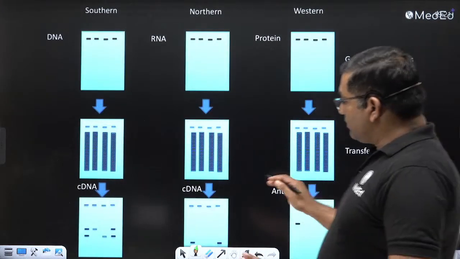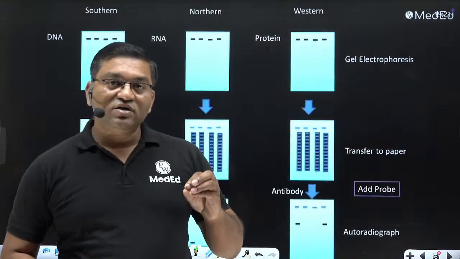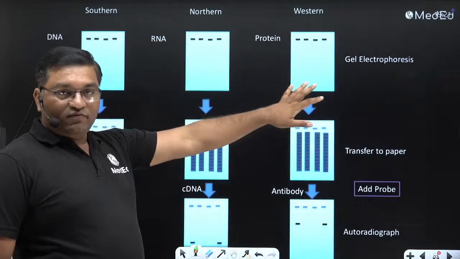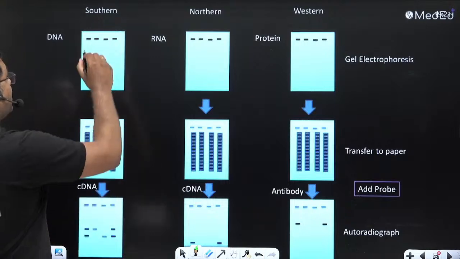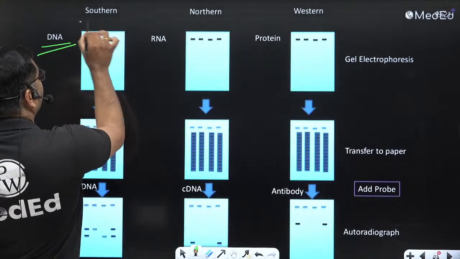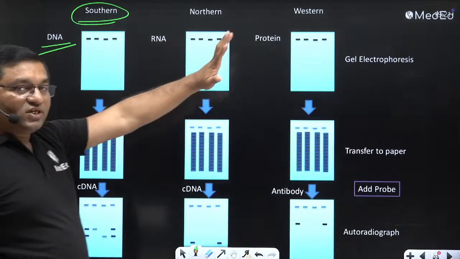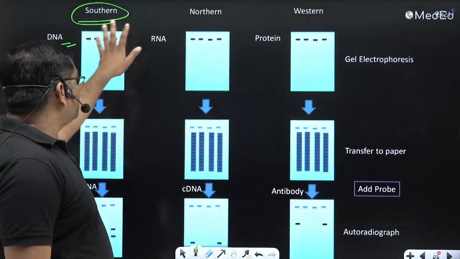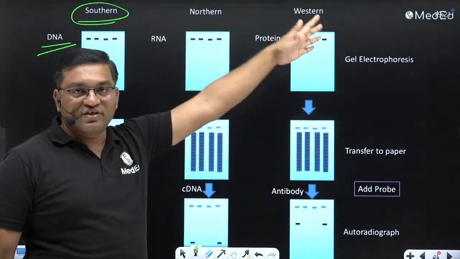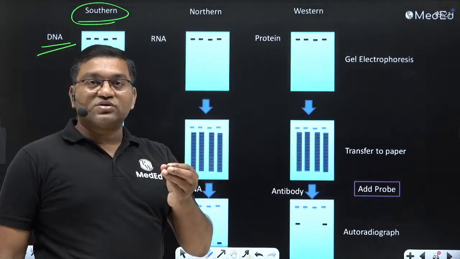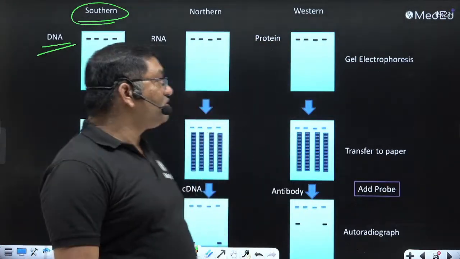Now see, just remember which technique is used for which molecule: DNA, RNA and protein. For DNA, it is Southern blotting, given by Edward Southern. These are laboratory jargons. This is Southern, that's why this is Northern, this is Western, and there is also Eastern, which detects post translational modifications in the protein.